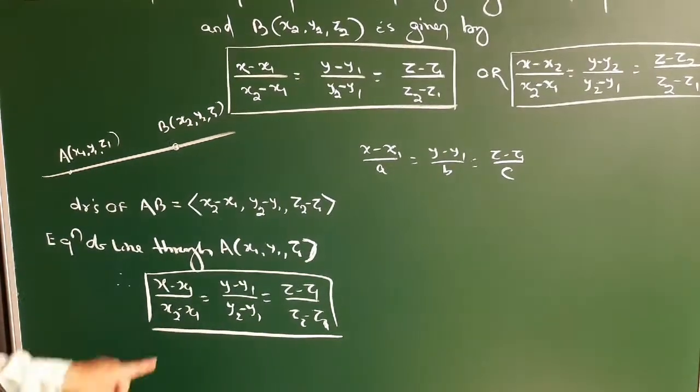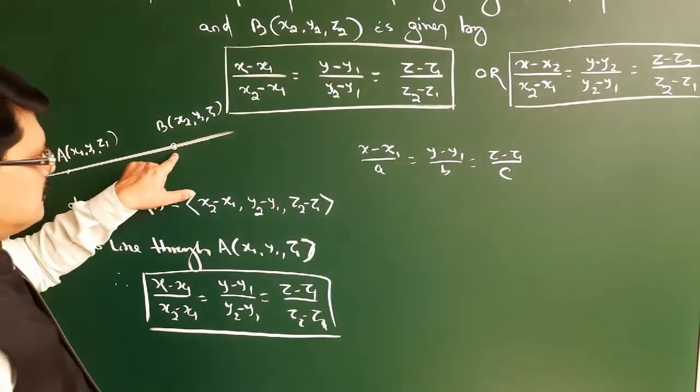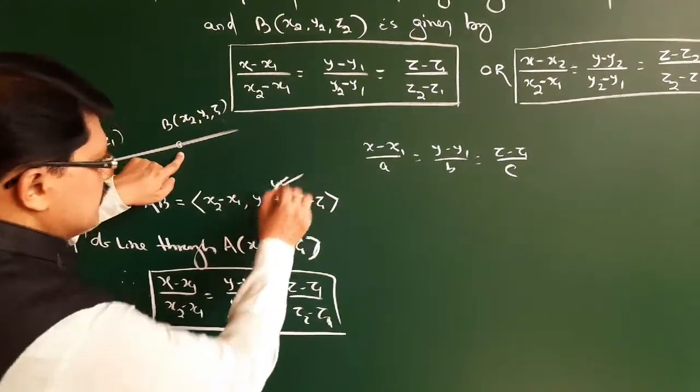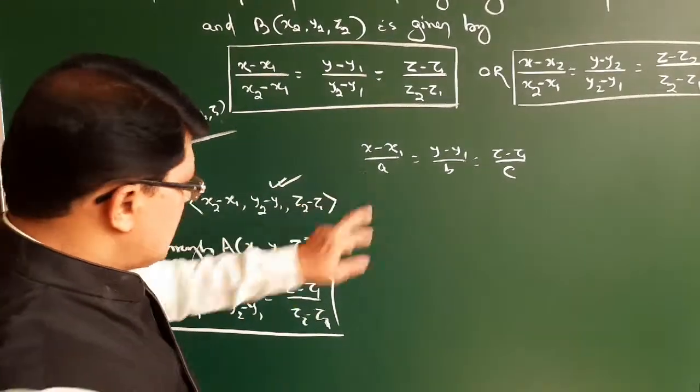Similarly, if you consider the line passing through point B (x2, y2, z2) with this direction ratio, you use this formula.